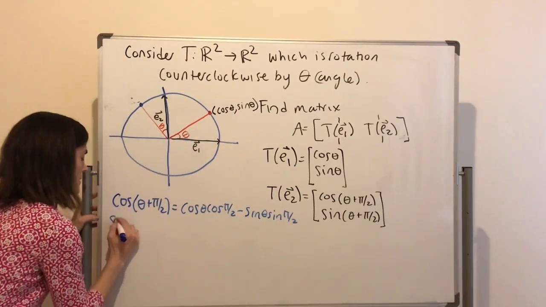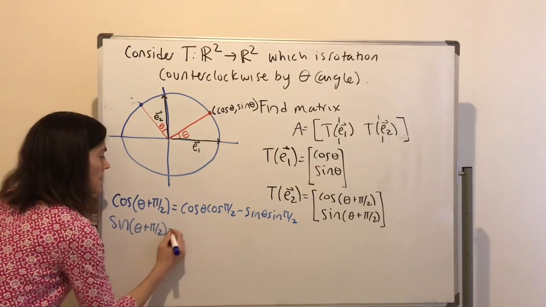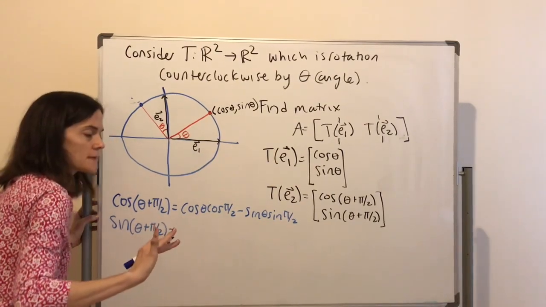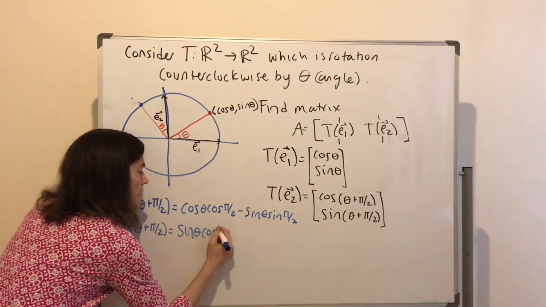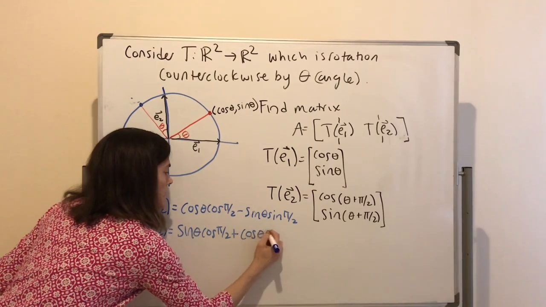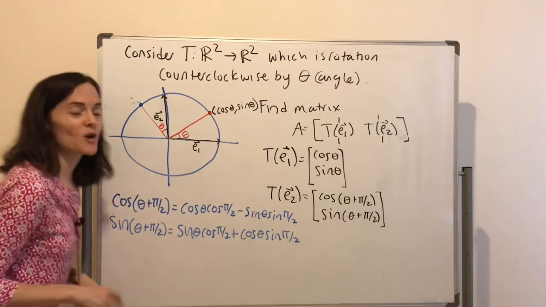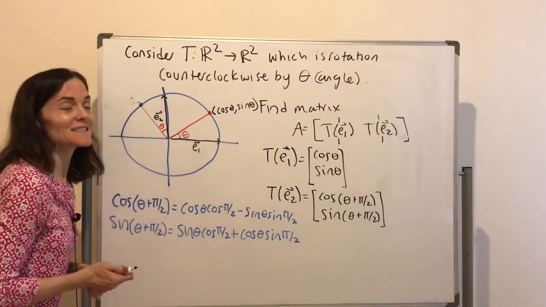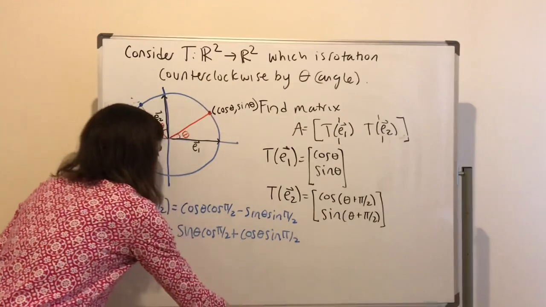And then sine theta plus pi over 2. This is sine cosine plus cosine sine, like this. Sine theta, cosine pi over 2 plus cosine theta, sine pi over 2. Okay. If you don't remember these trig identities, it's okay. It's not a problem. But that's what I'm going to use.